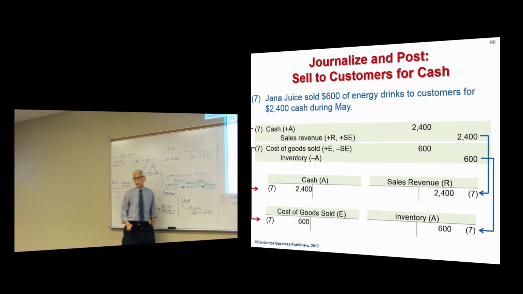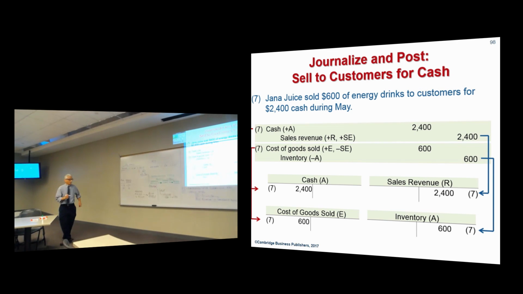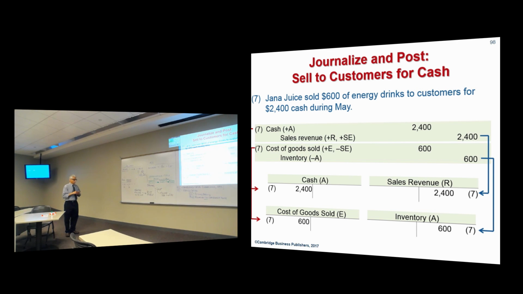And that's when you get the cost of goods sold. So that's the way you have to think about these transactions. Now, if you were selling something else, like a service, there may not be any cost of services. So it doesn't mean you're always going to get an expense immediately.